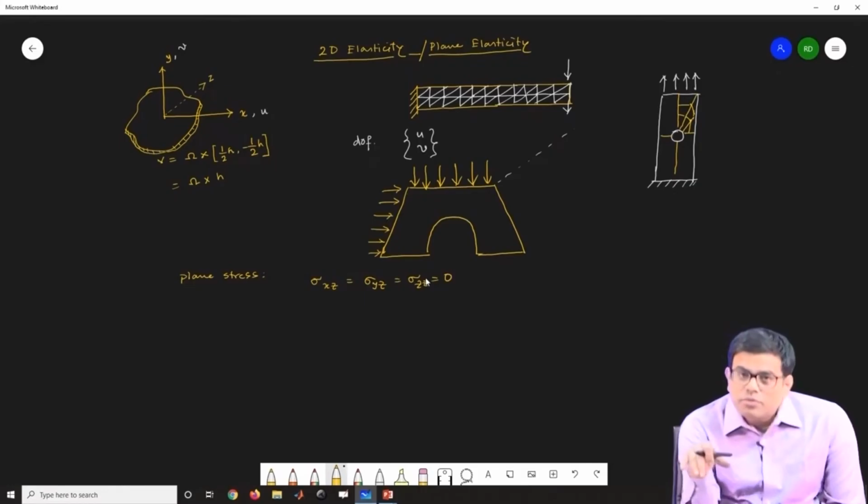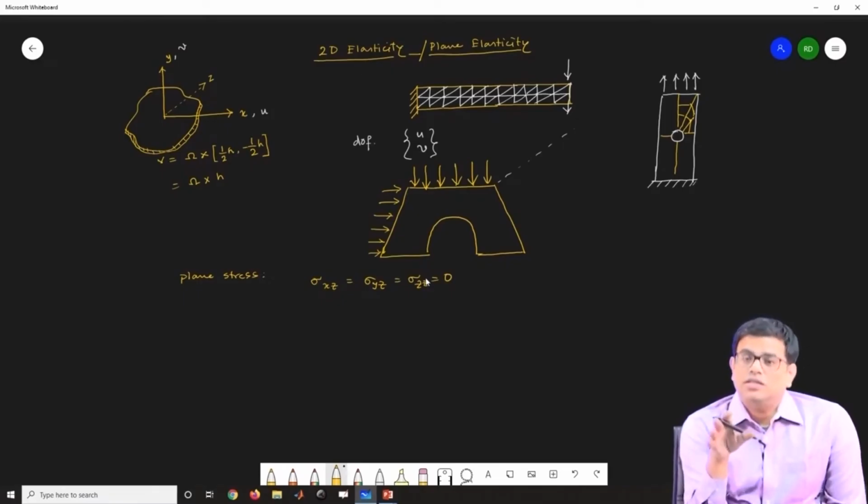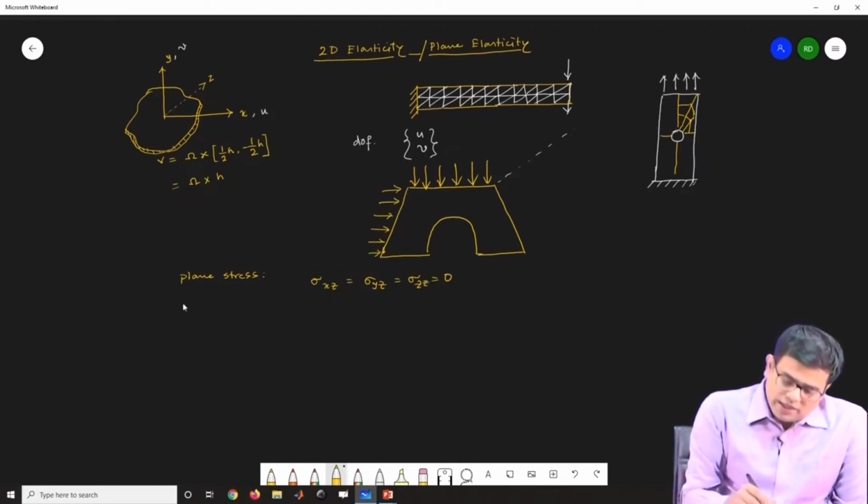So this is the assumption for plane stress. All other stresses are non-zero. Similarly, there is no assumption on the strains. The strains will be 0 for the out-of-plane shear, but it is not necessary that epsilon zz is 0. That's why it is called plane stress.